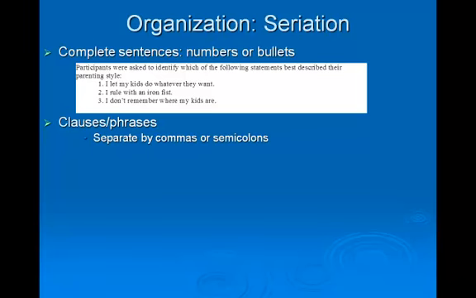You can separate them by commas or semicolons, and which one you use depends on the phrases. If any one of the phrases in your series has an internal comma, so there's a comma within it, then you separate all of the phrases with semicolons to keep from getting confused. But if none of the phrases have commas within them, then you should separate them with commas.